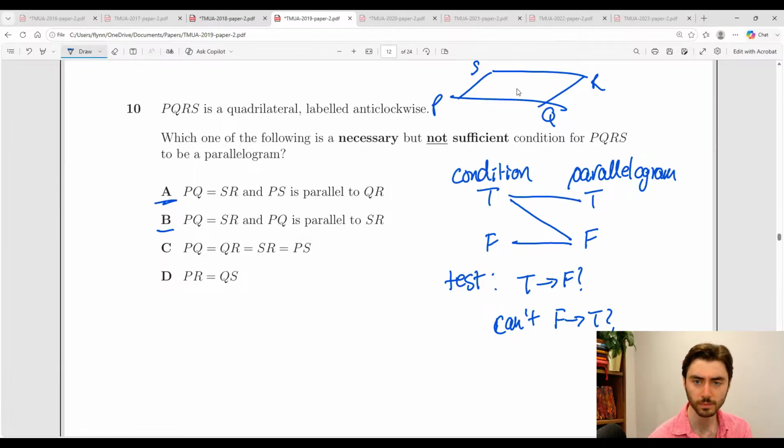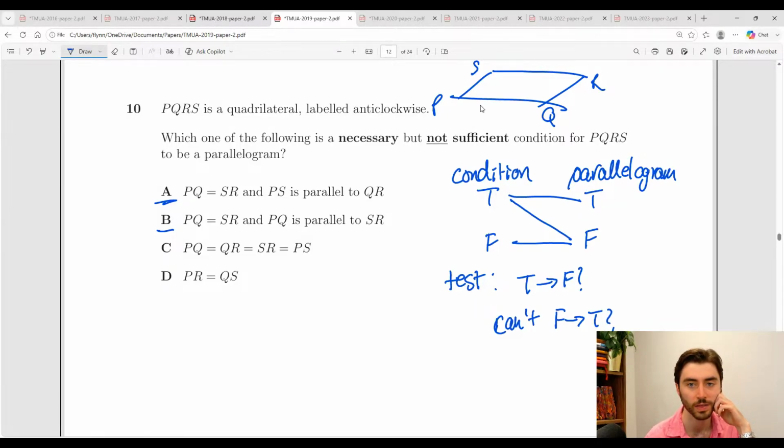B, PQ equals SR and PQ is parallel to SR. So true to true certainly exists. Can it lead anywhere else? Right. So PQ equals SR, so true to true exists. Can that lead anywhere else?